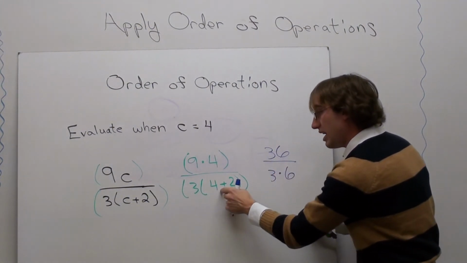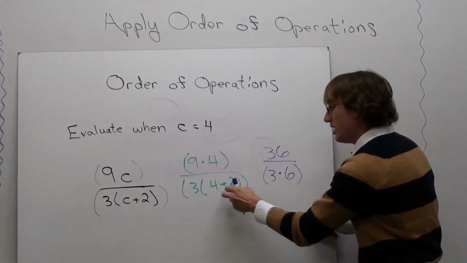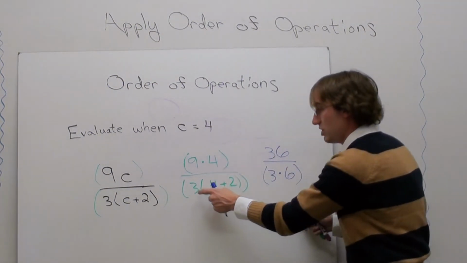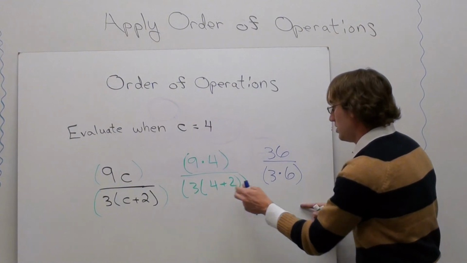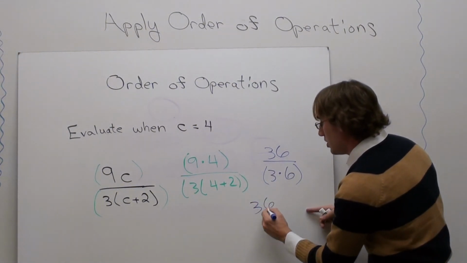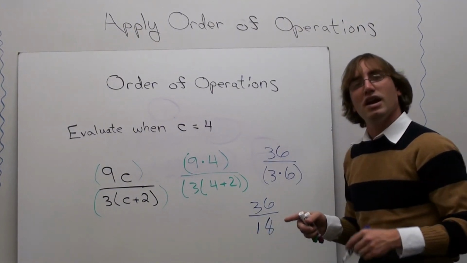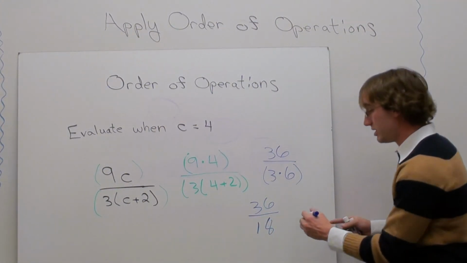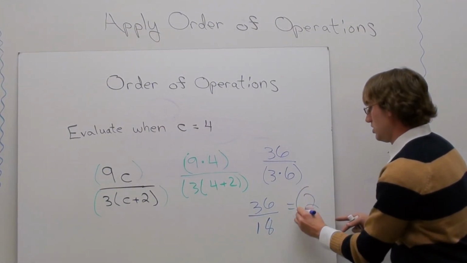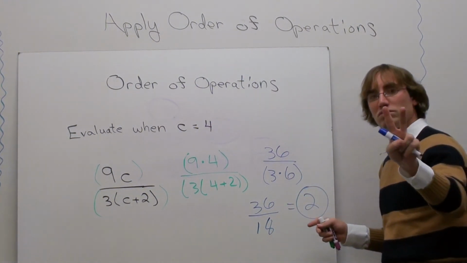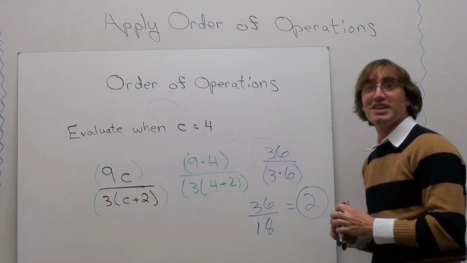It's 3 times that. And I can get rid of the inner set of parentheses because I already took care of it. So it's 3 times whatever this was. So I have 36 over 3 times 6, which is 18. And 36 divided by 18 is 2. We're done. Have a good day for now.